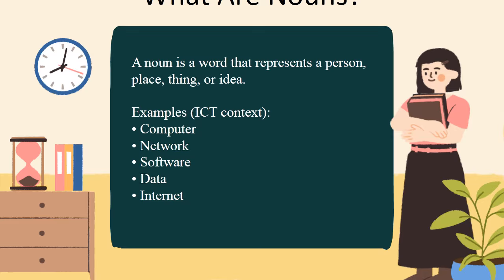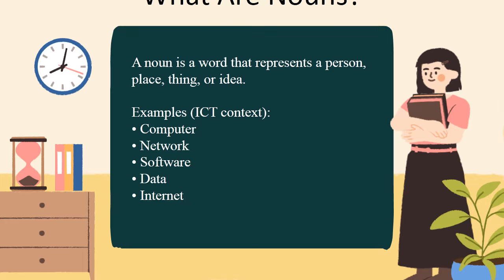For example, computer, network, software, data, and internet. These are the building blocks of your technical vocabulary. These are the commonly used nouns in the field. Every sentence needs nouns to identify the subject or object.